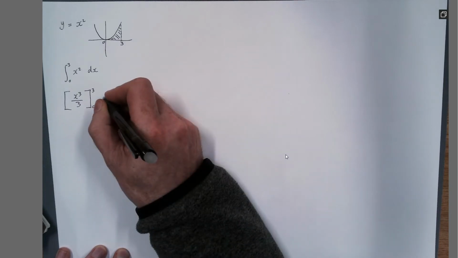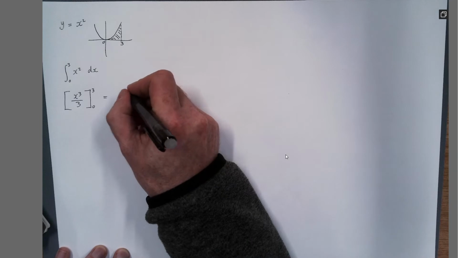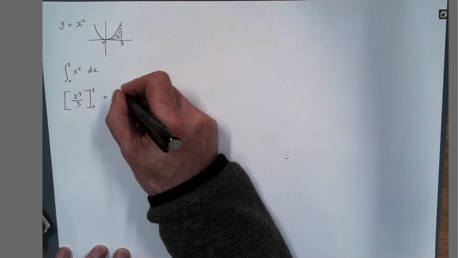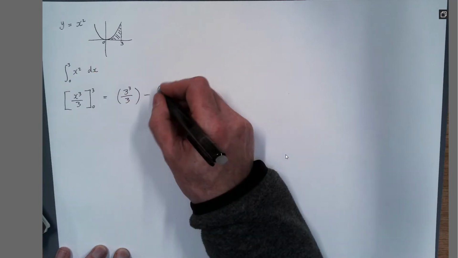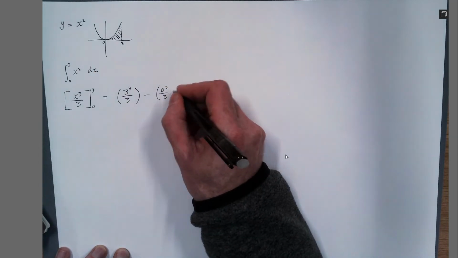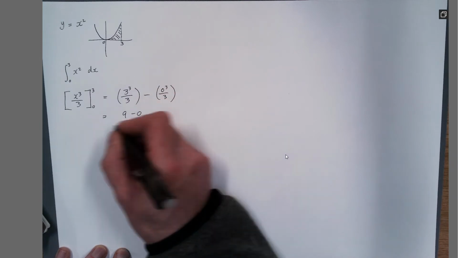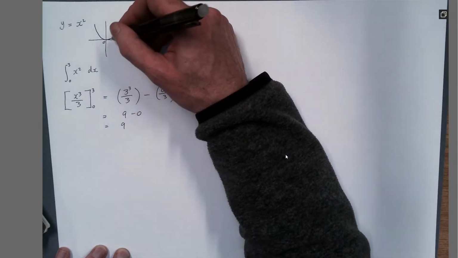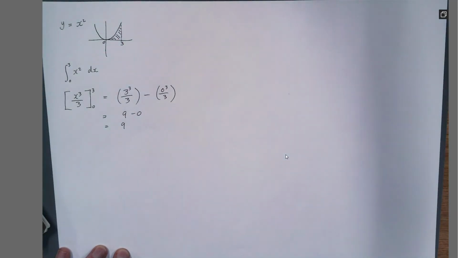So 3 cubed over 3, minus 0 cubed over 3, which gives 9 minus 0, which equals 9. So the area under the graph from 0 to 3 is exactly 9.